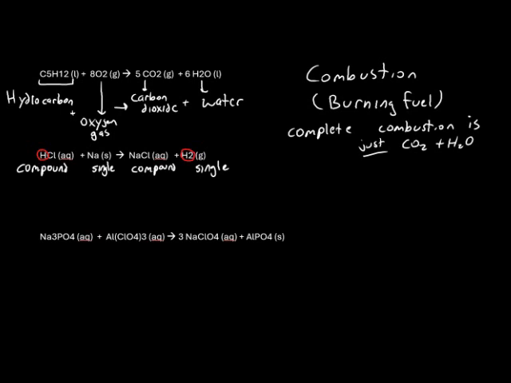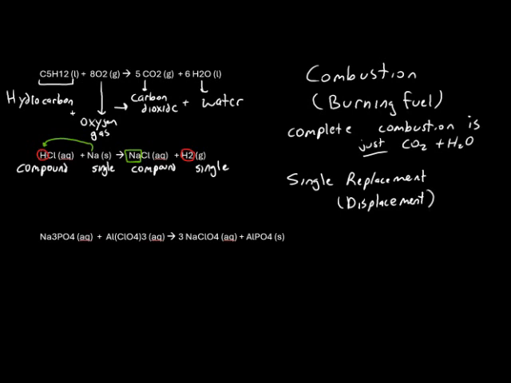Effectively, the sodium has come in and replaced that hydrogen. When you have a compound and a single becoming another compound and another single, this is called a single replacement. Some people will say the word displacement instead, but it means the same thing.